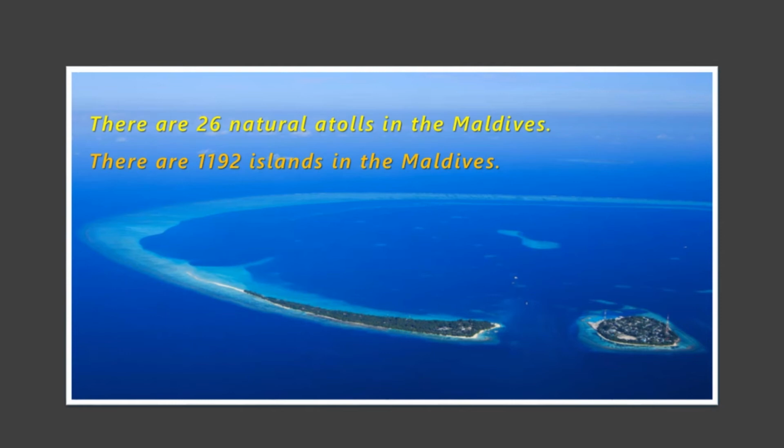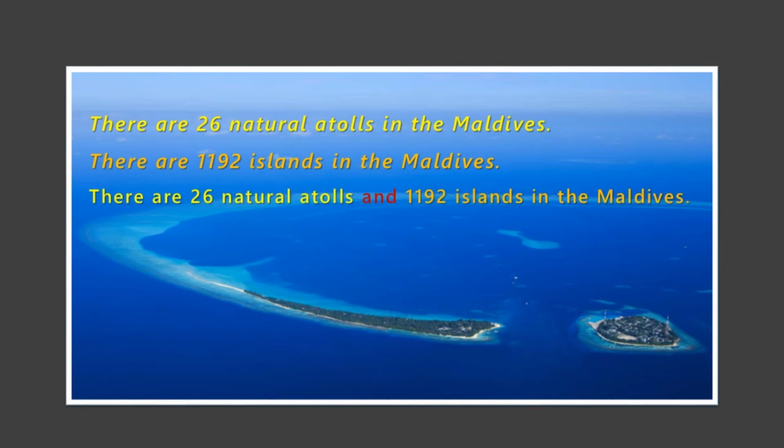Now what we are going to do here is take these two simple sentences and compound them together. Now, do you notice that some words are repeated in both the sentences? Like there are and in the Maldives. So when we rewrite these two together as the same sentence, we are going to omit part of these, okay? Like this.